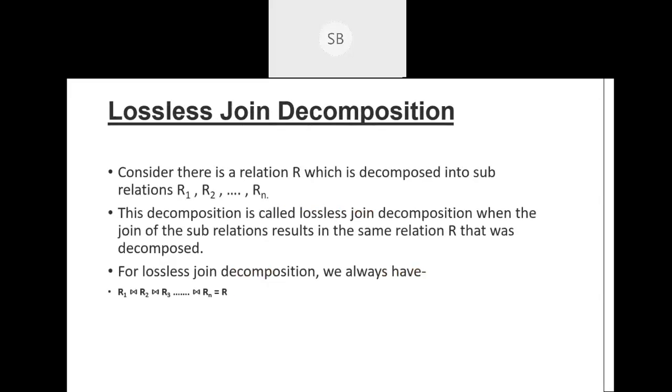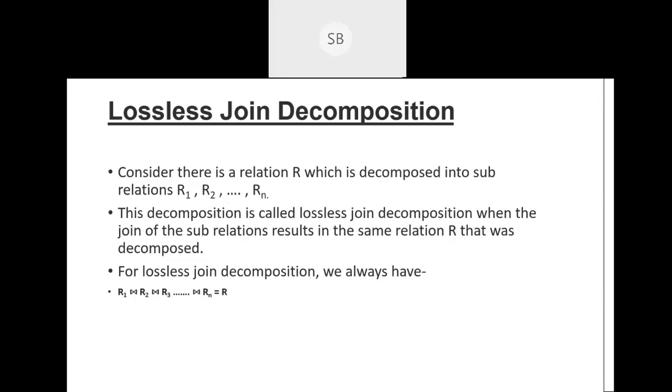So this is lossless join decomposition. Consider there is a relation R, that is a table R, which is decomposed into sub-relations R1, R2 to Rn. When we go for normalization, suppose we are going for second normal form, we break the table, right? The table is broken down. This decomposition is called lossless join decomposition when the join of the sub-relations gives the same relation R that was decomposed.